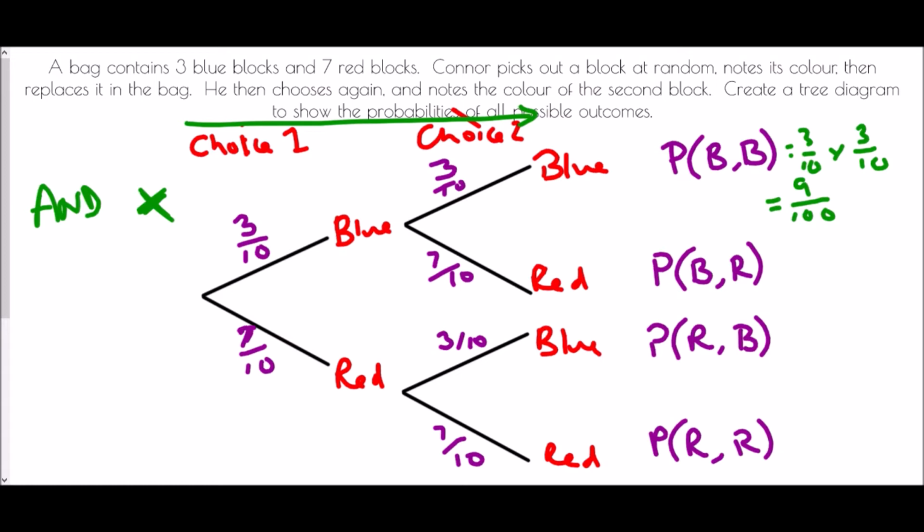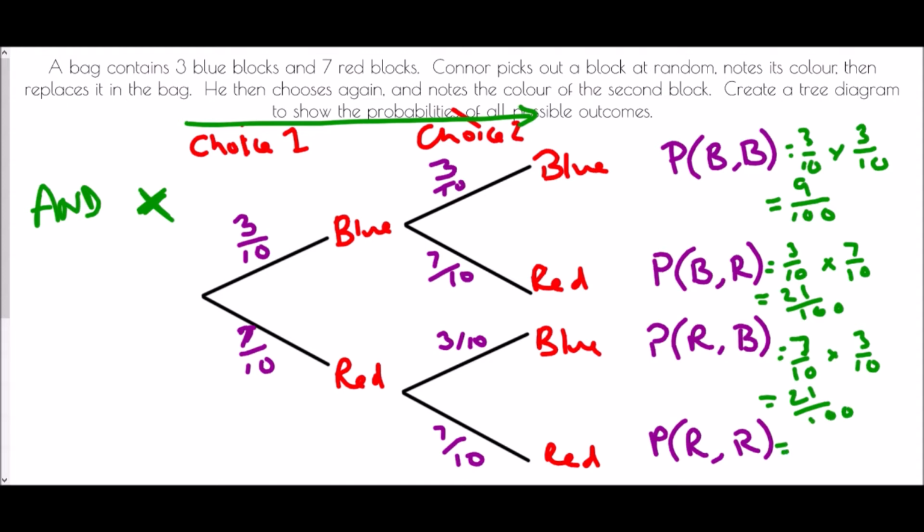If I want to find the probability of getting blue then red, well, that would be the 3 out of 10 for getting blue and 7 out of 10 for getting red. 3 times 7 is 21 out of 100. The probability of getting red and then blue, well, that is 7 out of 10 times 3 out of 10, and so that is 21 out of 100.